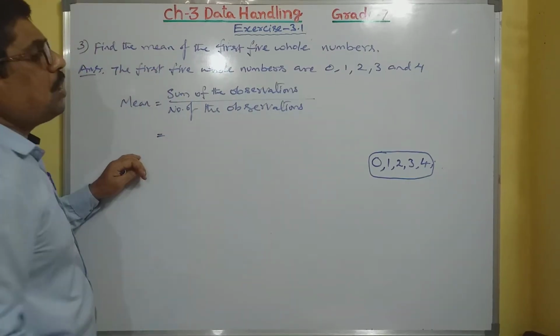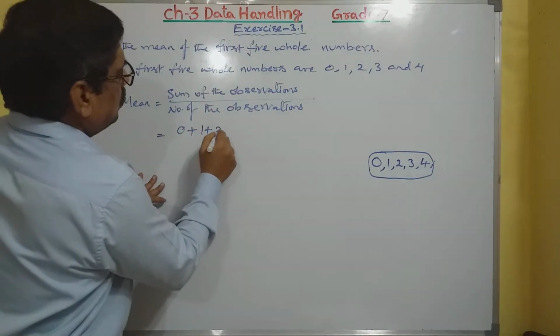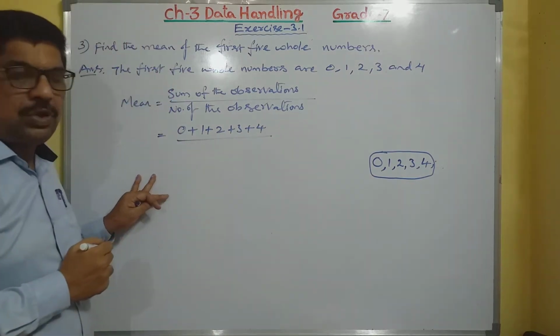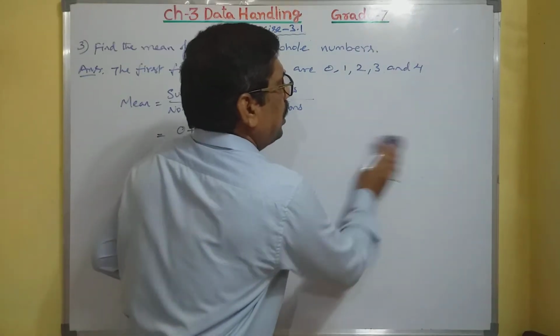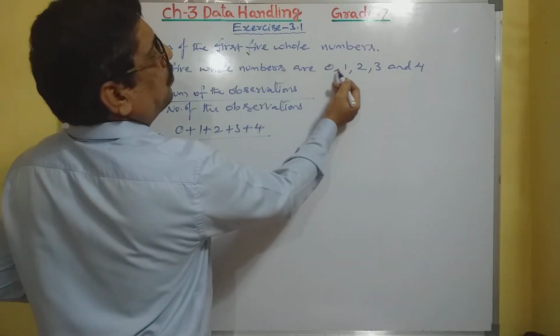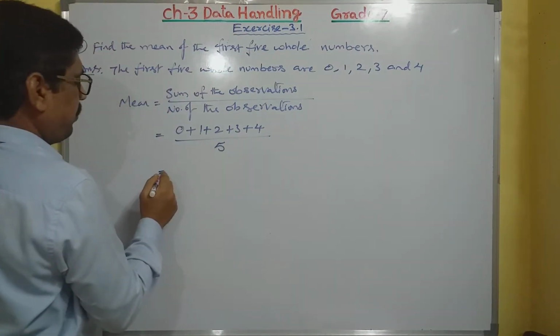So here, what are the observations? 0, 1, 2, 3 and 4. This is the sum. We have to add all the observations and divide by the number of observations. There are 5 observations, 1, 2, 3, 4 and 5. So we have to divide by 5.